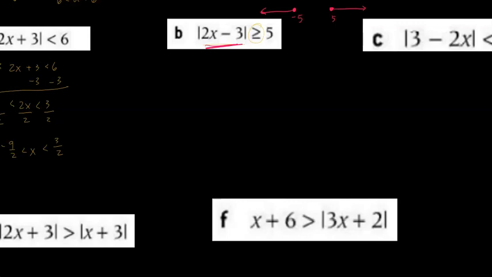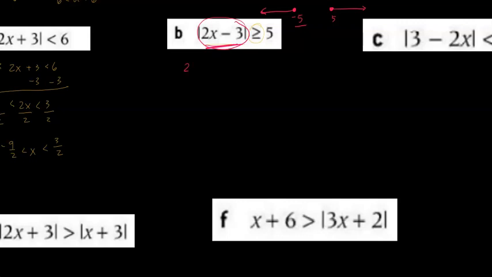Because we're talking about distances, right? That's what absolute values mean. The distance away for that number has to be greater than or equal to 5. Negative numbers have the same distance, the same magnitude as their positive counterpart.